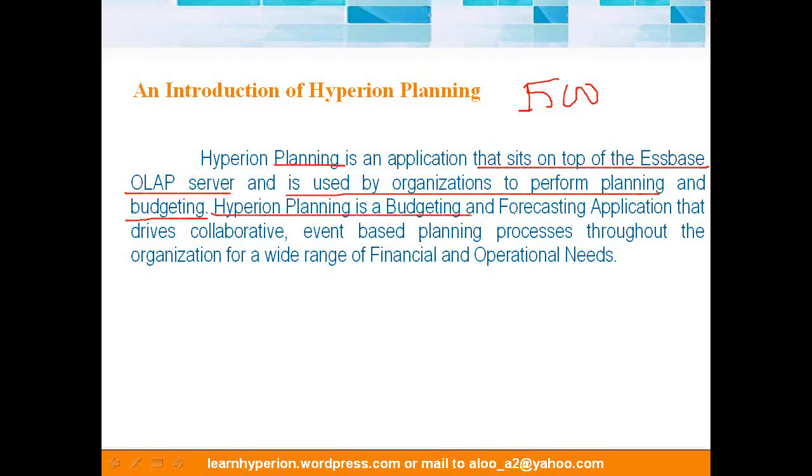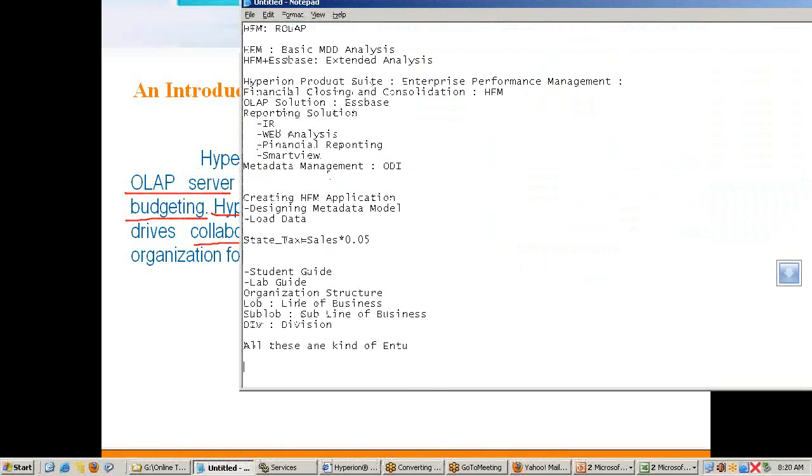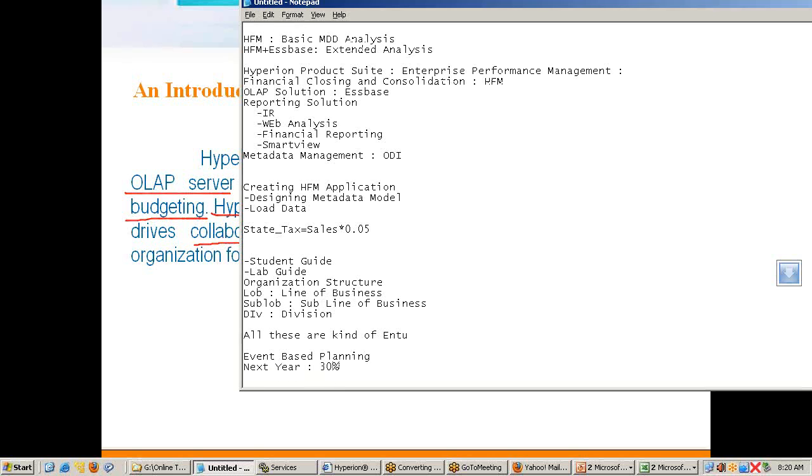Hyperion planning is a budgeting and forecasting application that is collaborative. When I say collaborative, it means integrated, a single enterprise solution. Event-based planning, in simple words: I assume next year my revenue will grow by 30%, and my plan is to reduce my expenses by 5%.